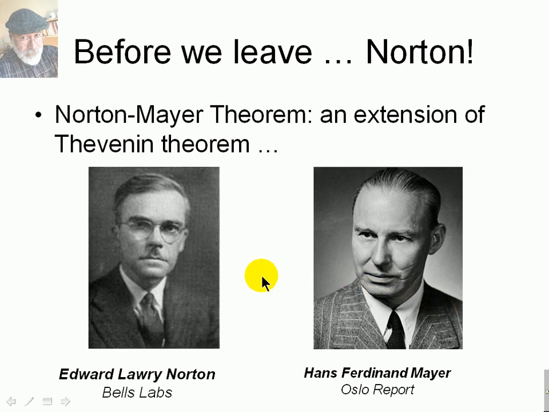Before we leave, let's turn our attention to the Norton theorem. That theorem is known in Europe as the Norton-Mayer theorem, which is an extension of Thevenin theorem. It was discovered independently in the United States by Edward Lawry Norton of Bell Labs, and in Germany by Hans Ferdinand Mayer.